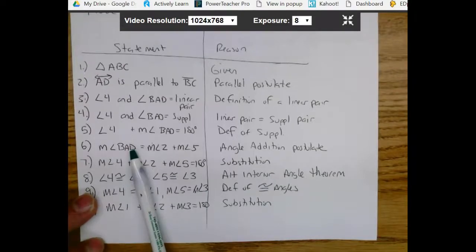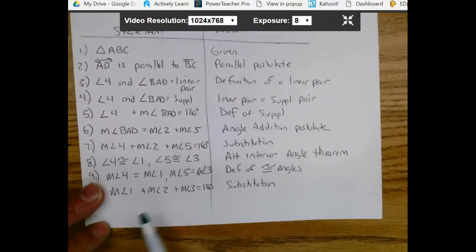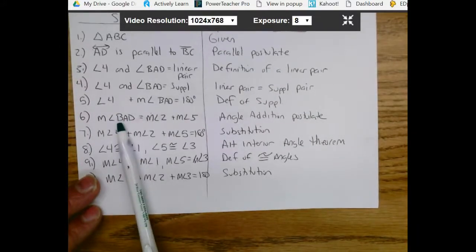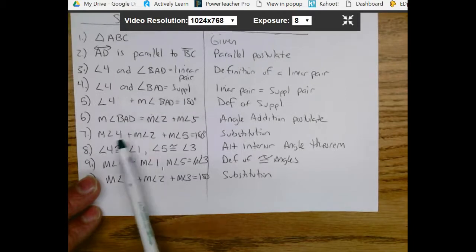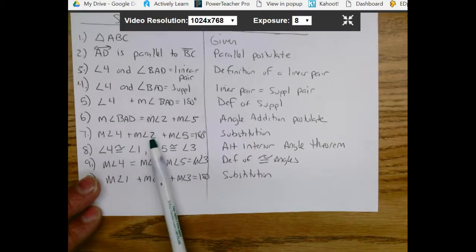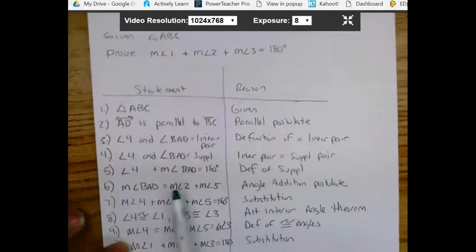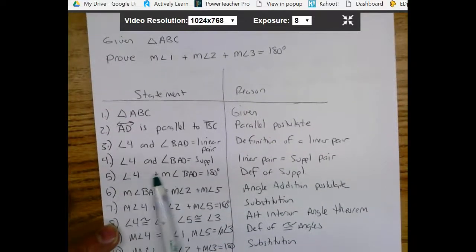Then we're going to substitute those in. So we're going to say the measure of angle 4 plus the measure of angle 2 plus the measure of angle 5 equals 180 degrees. We're going back to step 5, where we have the measure of angle 4 plus the measure of angle BAD equals 180 degrees.